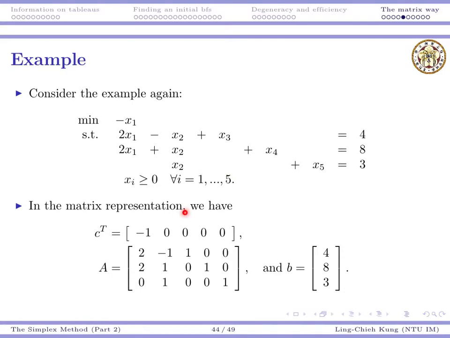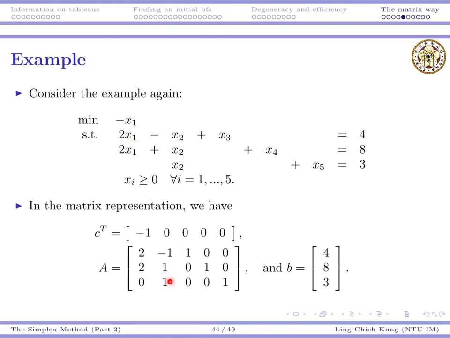We first write down C, A, and B. A is nothing but all the coefficients put into a matrix. You can see that the first column of A is 2, 2, 0, and the second one is negative 1, 1, 1.